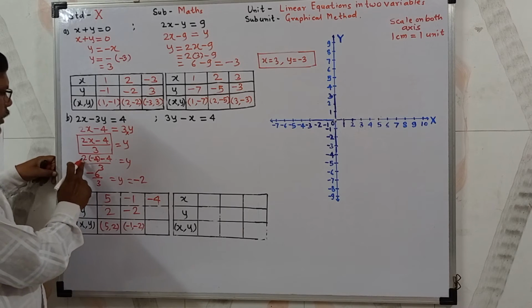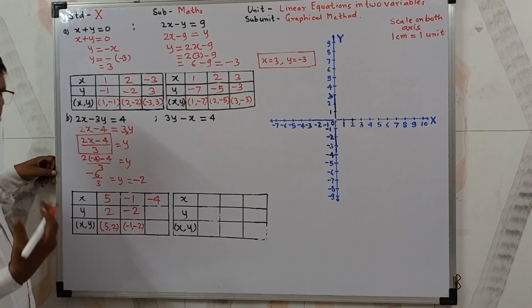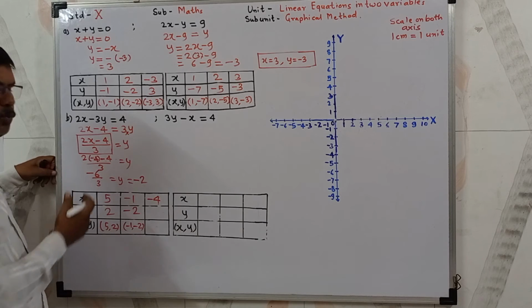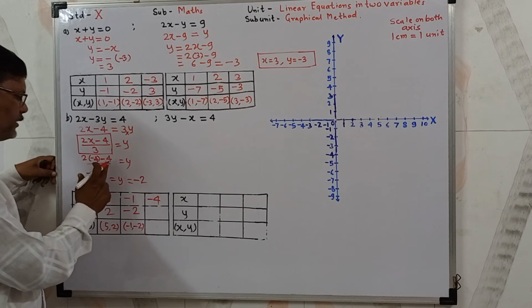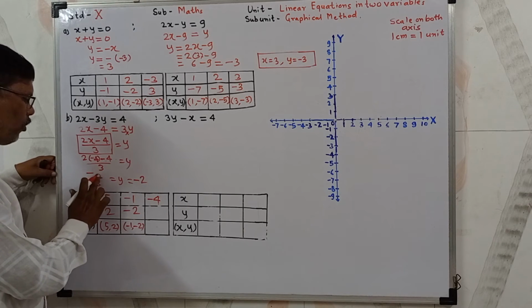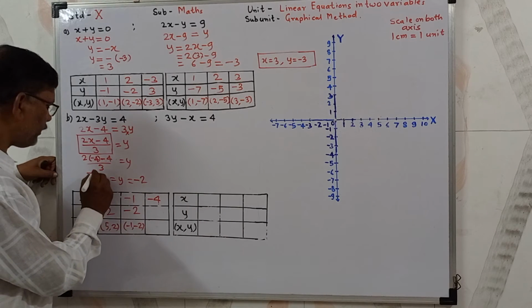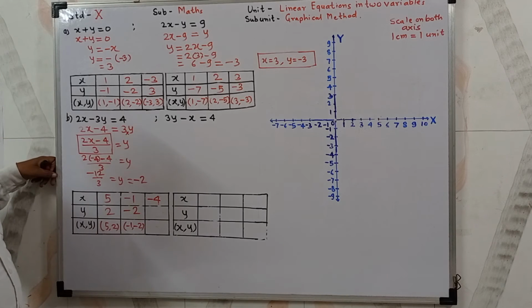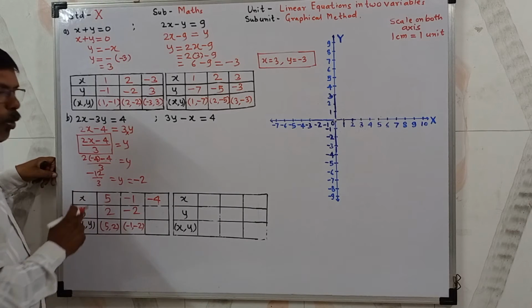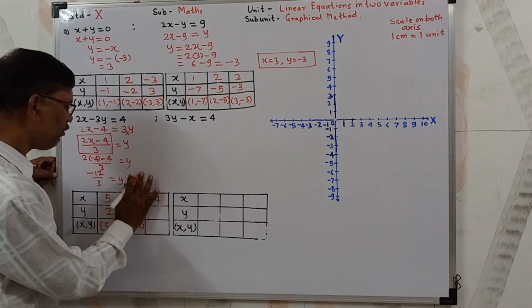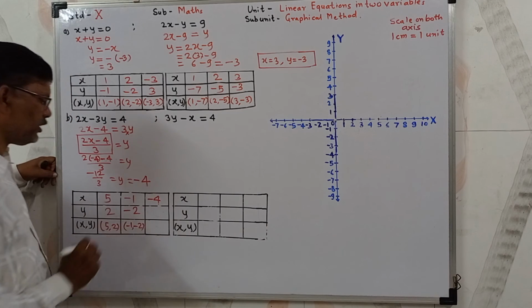So 2 into minus 4, minus 8. Minus 8 minus 4, minus 12. So 3 4s are 12. So the value of y is minus 4.